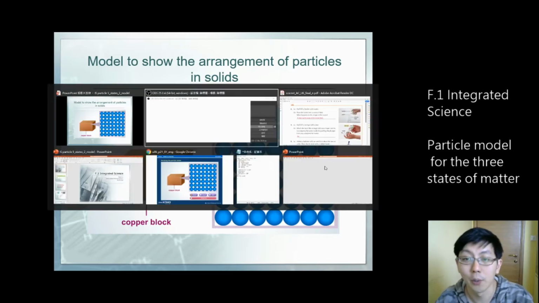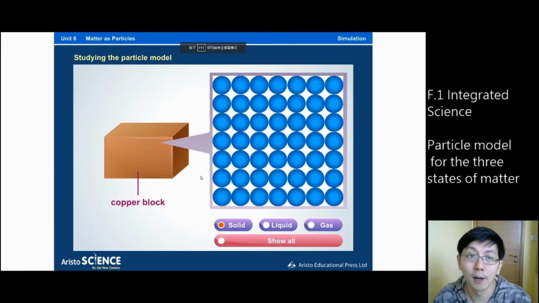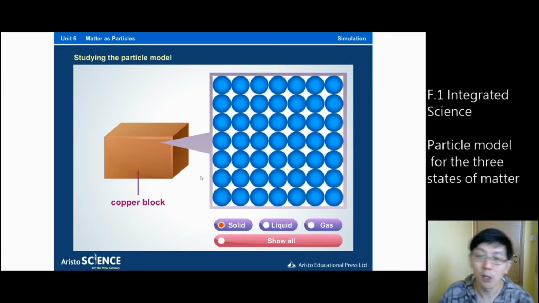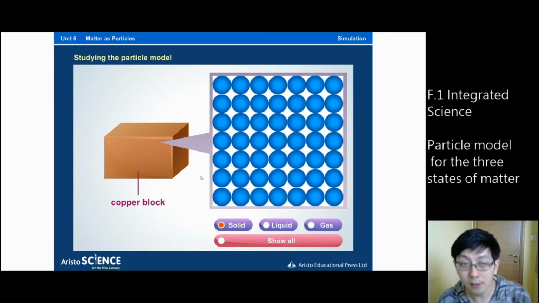They are not stationary. So I give you the animation of an actual situation. They will vibrate around their own positions.